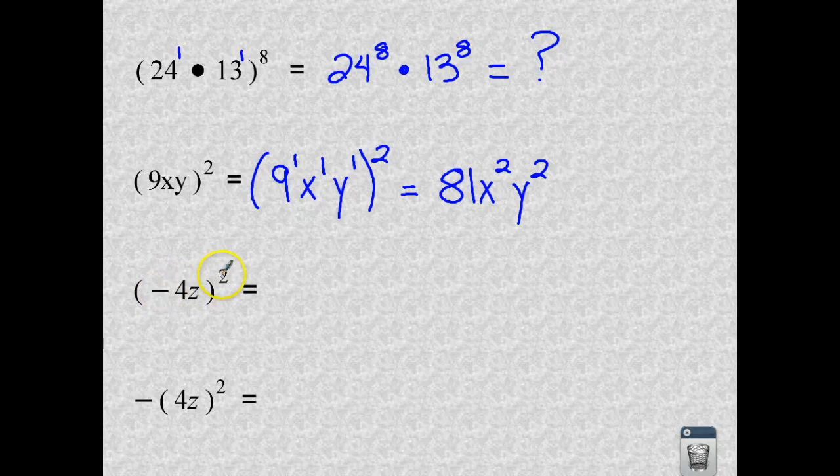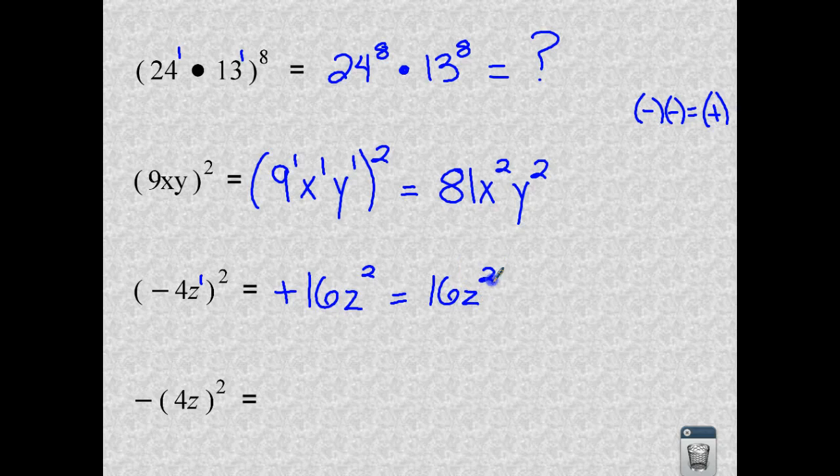Well, what is a negative squared? That would be a negative times a negative, which is a positive. So if I have a negative squared, my answer will be positive. 4 squared is 4 times 4, which is 16. And then z to the first to the second is z squared. So final answer would be 16z squared.